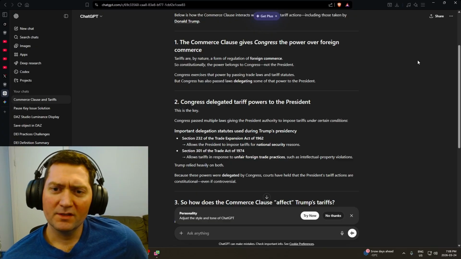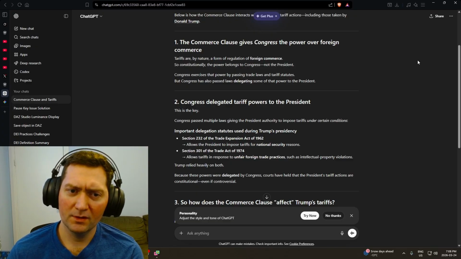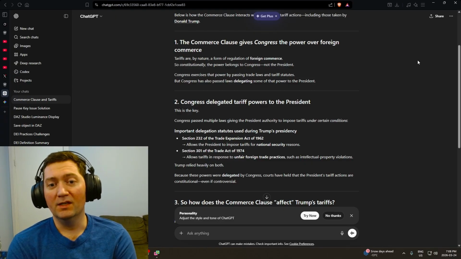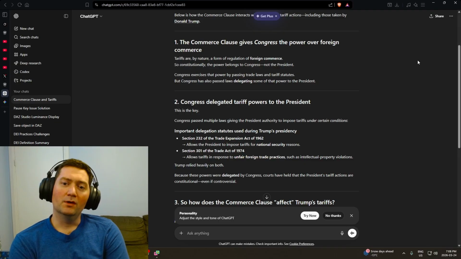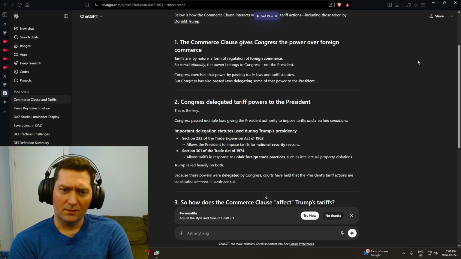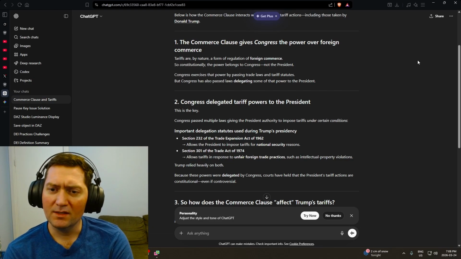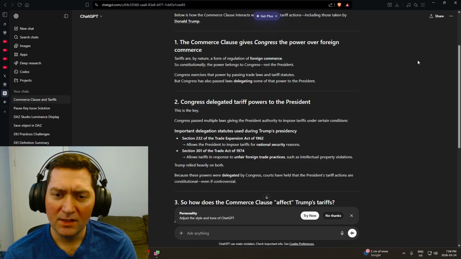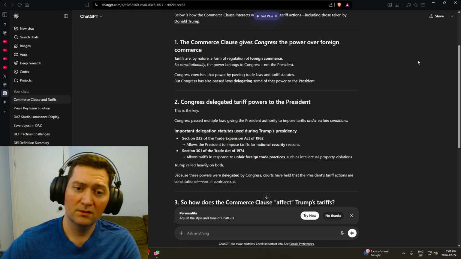The Commerce Clause gives Congress the power over foreign commerce. Tariffs are, by nature, a form of regulation of foreign commerce. So constitutionally, the power belongs to Congress, not the president. But Congress exercises that power by passing trade laws and tariff statutes. But Congress has also passed laws delegating some of that power to the president.